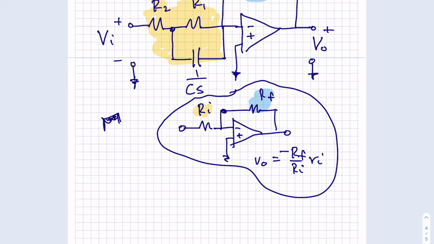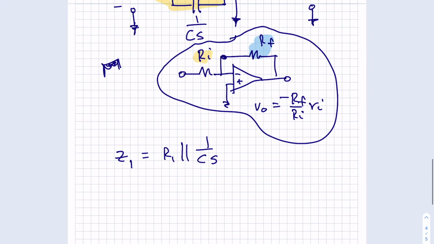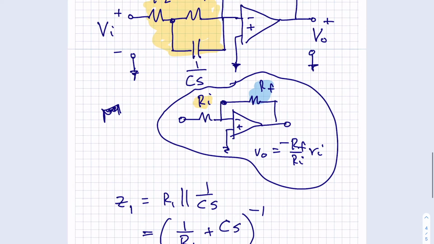All right, so I could write down Z1 is equal to R1 in parallel with 1 over CS, and a parallel combination of impedances is 1 over R1 plus, if I do 1 over CS, I just get CS, and then I take the inverse. Okay, so that's the first impedance.